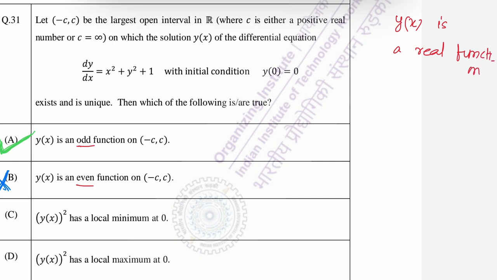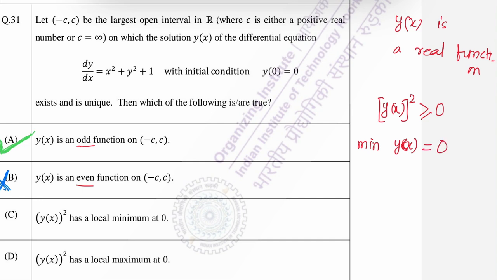A square of any real number is always non-negative. This means that the minimum of y(x) will be 0.